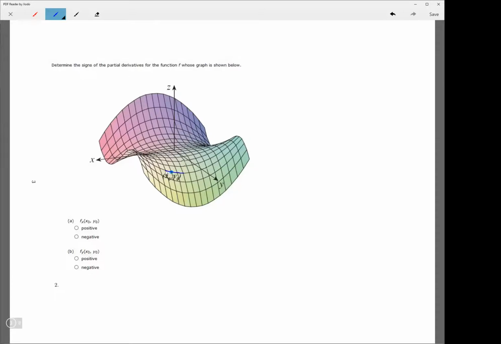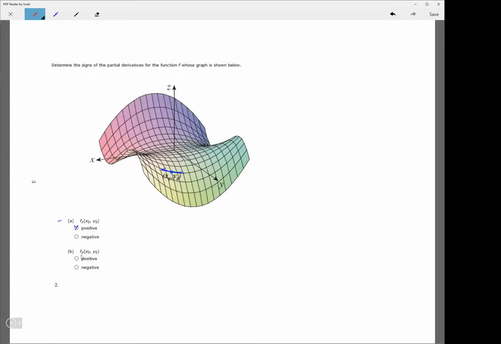So this is kind of where you're at. So now as you move in the positive x direction, are you going up on the graph or down, or staying the same level? Go up. You're going up, okay? So the answer is going to be positive.